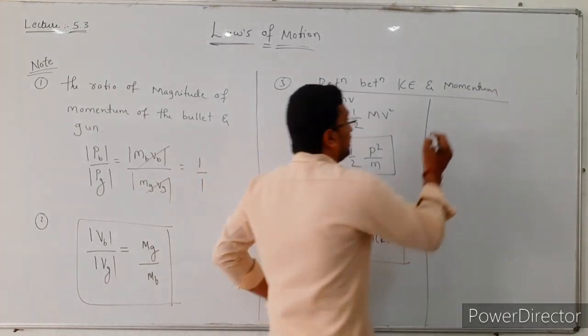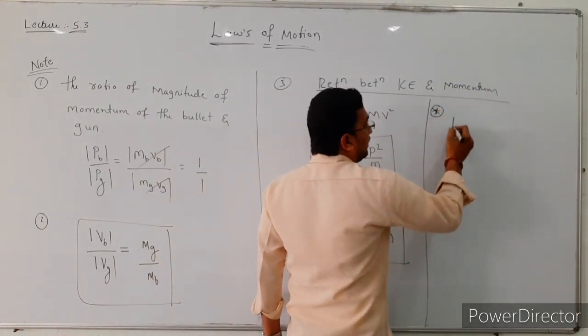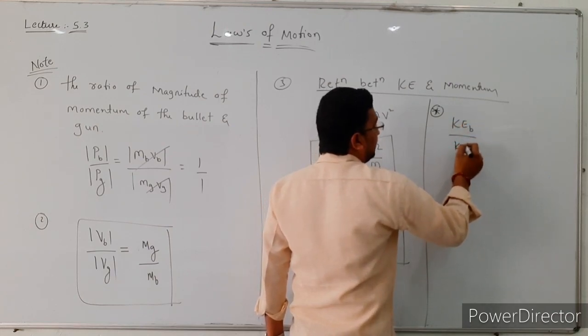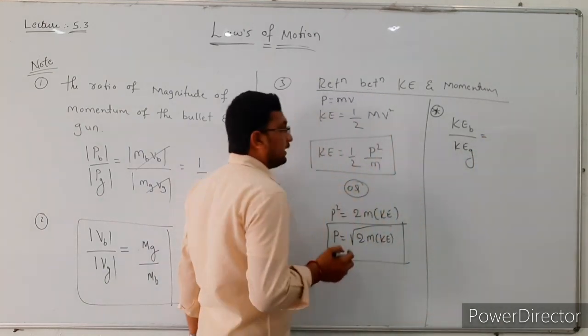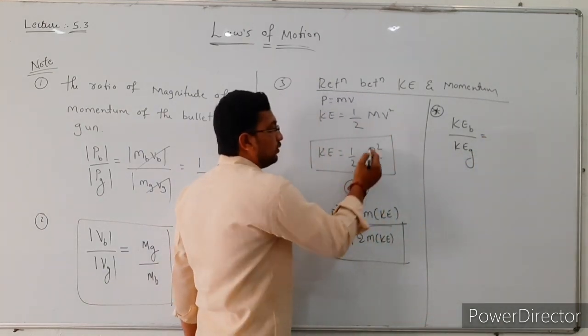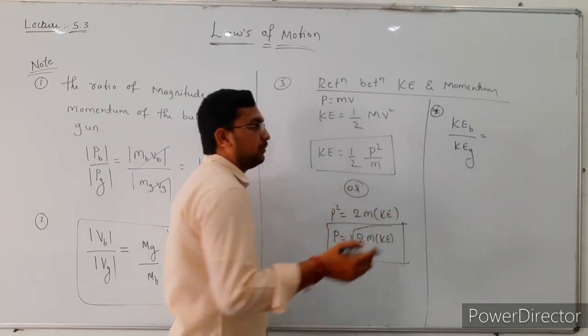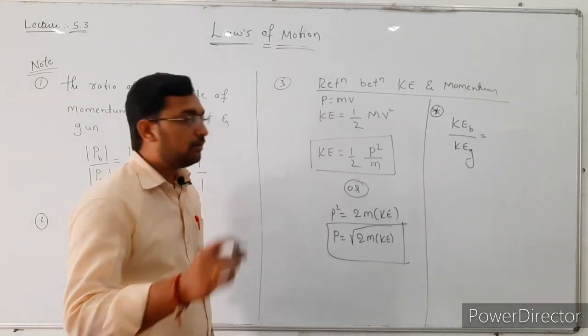The next one, the ratio of the kinetic energy of the bullet with respect to the gun. Here the kinetic energy expression is 1/2 p square divided by m. In this case the momentum of the bullet and the gun are equal in magnitude.